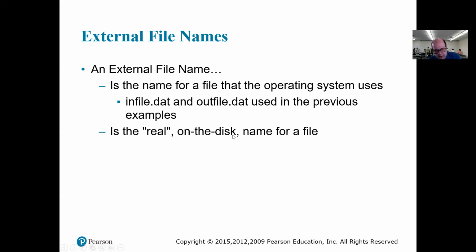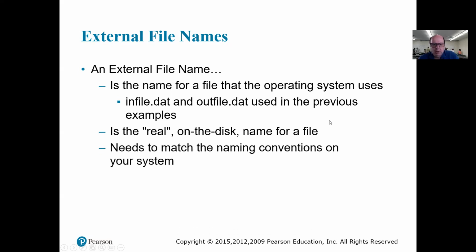So it is on the disk. The actual file exists on the disk. So when we are looking for the file, when we want to open the file, the name has to match. If the system is case sensitive, my file name has to match every character with the case.